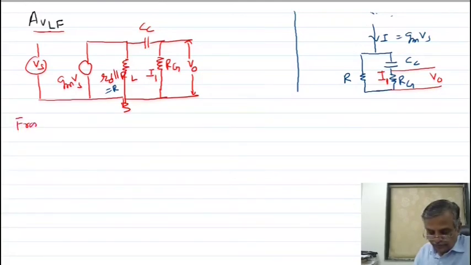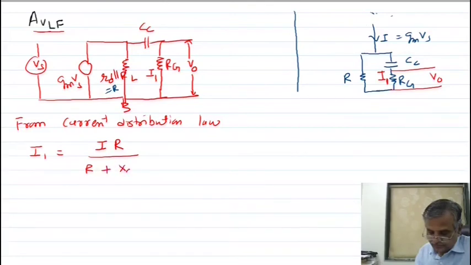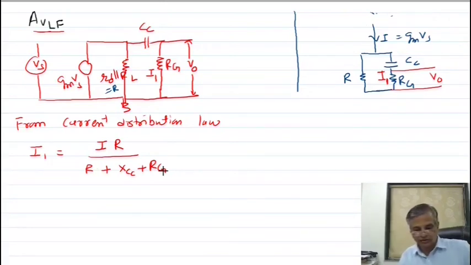From the current distribution law, I can write: current I1 is nothing but the total current multiplied by the opposite resistance upon the total resistance. Look again, you have already studied this current distribution law.